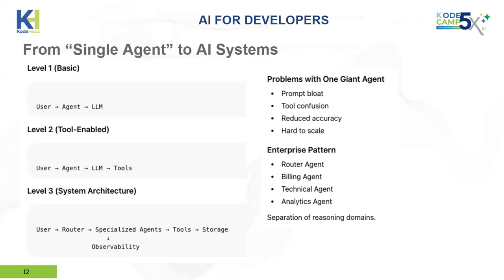We now move to user to agent to LLM to tools, which is the second step. And then now we have moved to a more thorough, more capable, more scalable architecture where you have users going to not just directly an agent, but an agentic router.